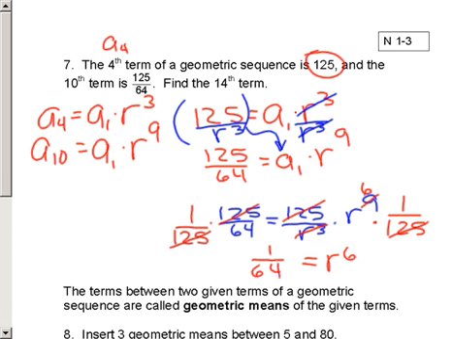How do we get rid of a 6th power? What's the opposite? What undoes a 6th power? You square it. Okay, so to undo a square, we square root it.